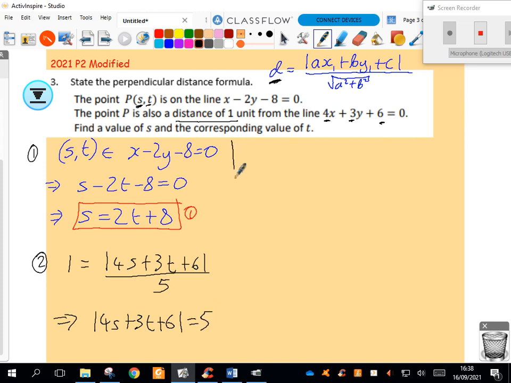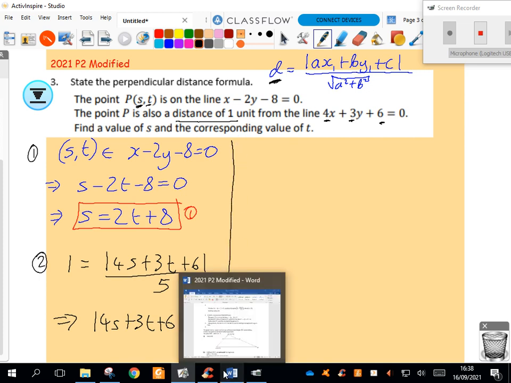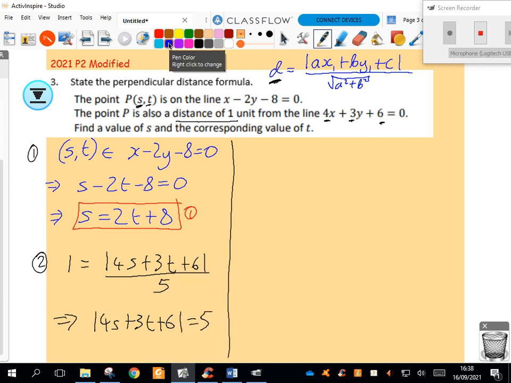So we have a little absolute value equation which I can break up into two parts. We can say that 4s plus 3t plus 6 is either 5, because the absolute value of 5 is 5, or else that thing inside the bracket, which is 4s plus 3t plus 6, is equal to negative 5, because the absolute value of negative 5 would be equal to 5.